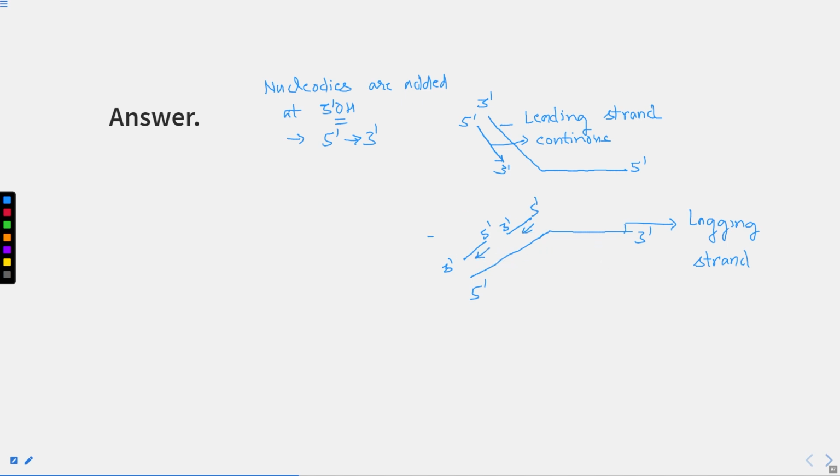This is known as discontinuous synthesis of the DNA. Now these fragments are known as Okazaki fragments.